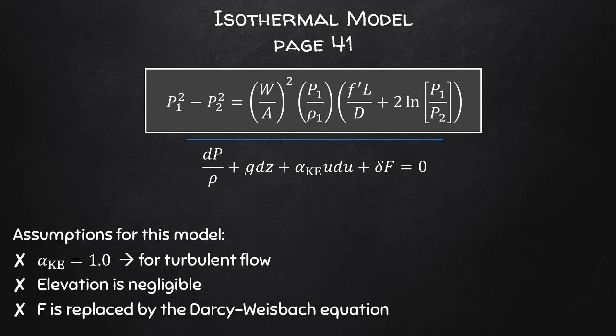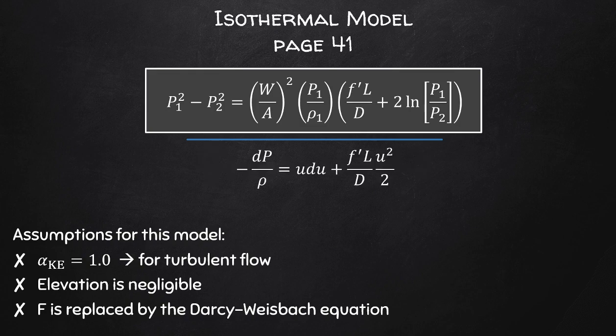So the derivation for the isothermal model will begin on page 41, and this is taken for long and uninsulated pipes. Now in this derivation, the following assumptions are made. Alpha EK is taken to be 1, which is for mostly turbulent flows.